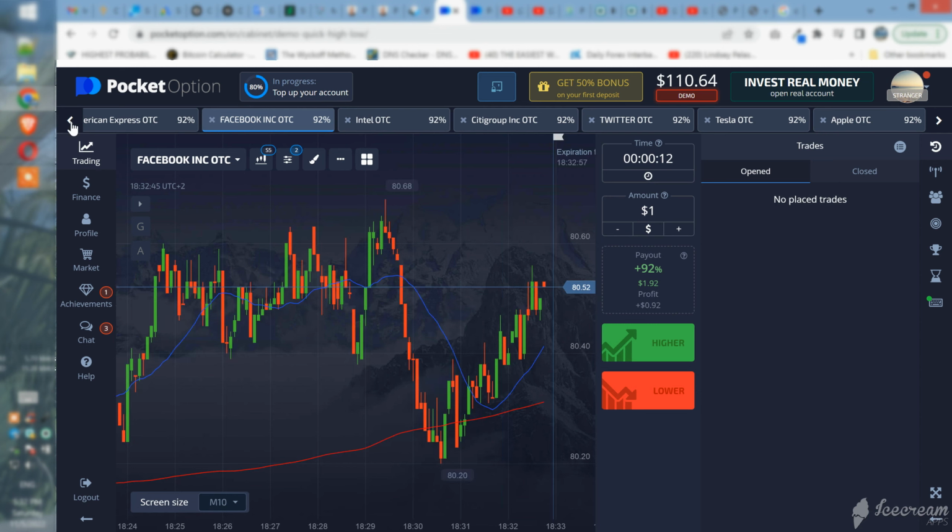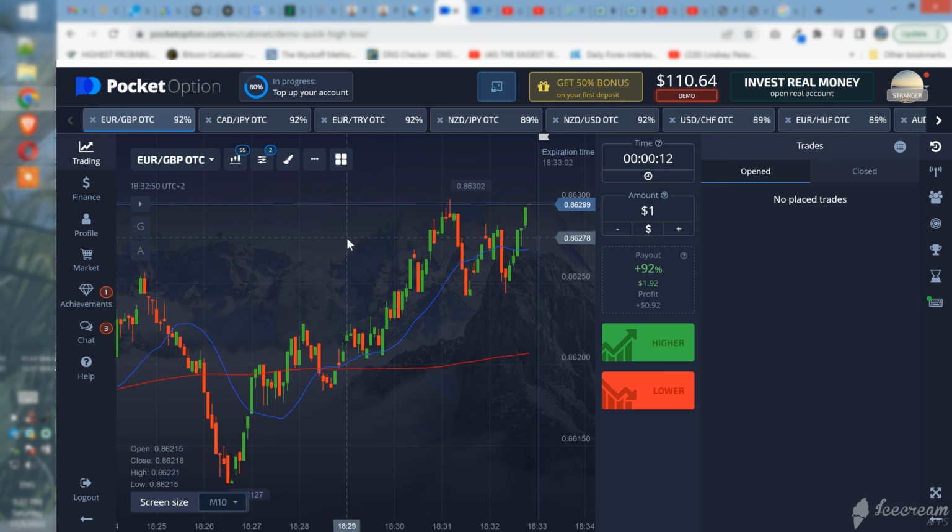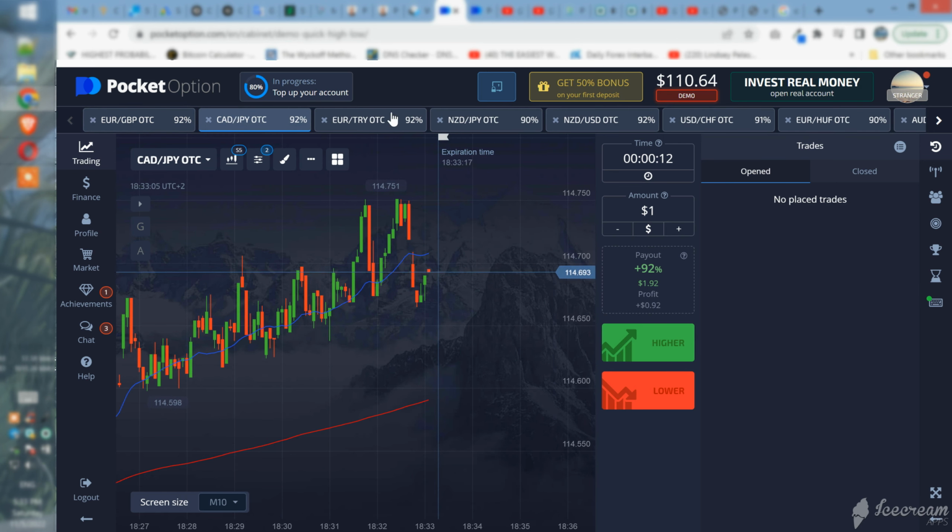What I do, I just browse from the beginning via these currencies, and I watch. And now I see if it's gonna be a breakout or not. If it breaks above this top, I would actually enter high. But if I don't see the setup, I'll just move on to the next one.